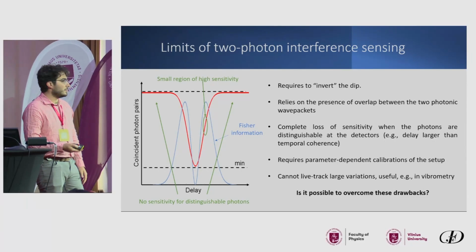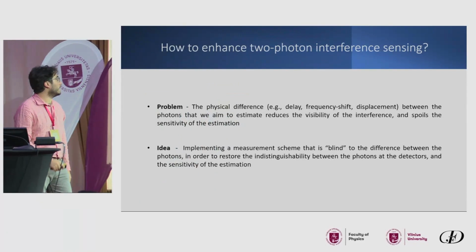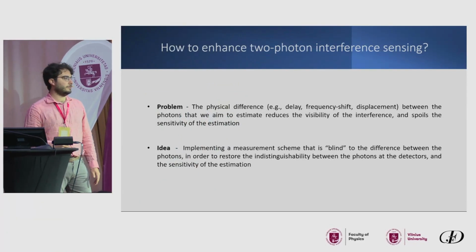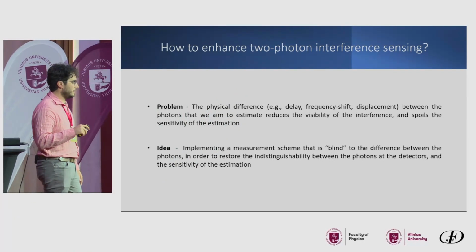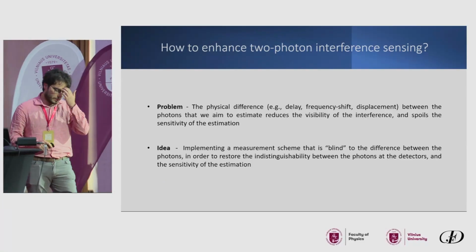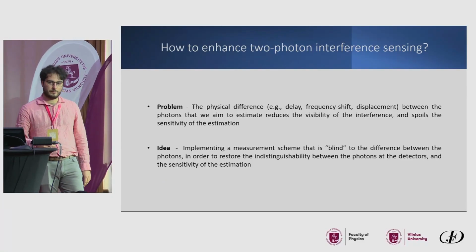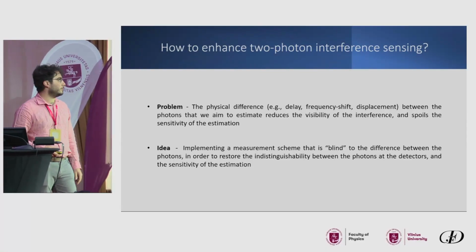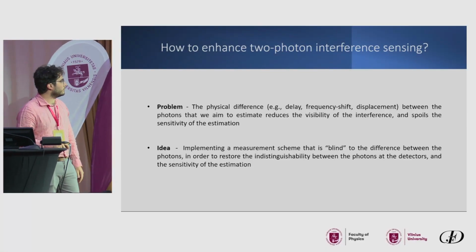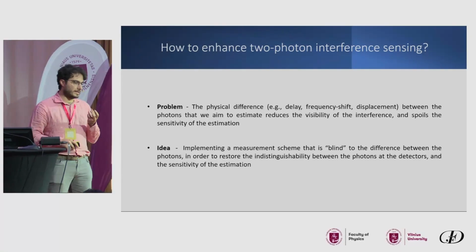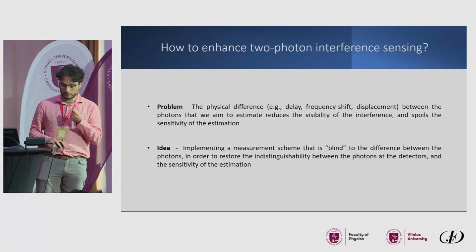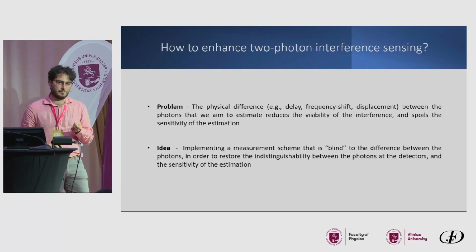So the question is: is it possible to overcome these drawbacks? I'm going to restate the problem. The problem, as we understand it, is we want to estimate a parameter, a physical property, which is the delay between the two photons, that is quantifying, in a sense, a level of distinguishability between the two photons.